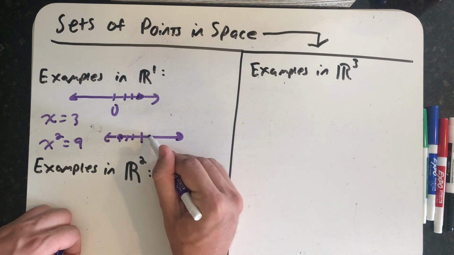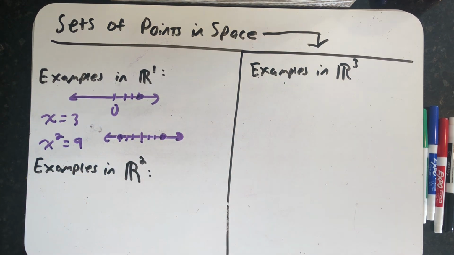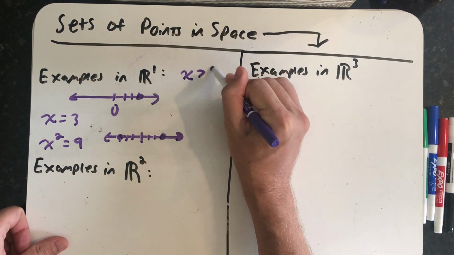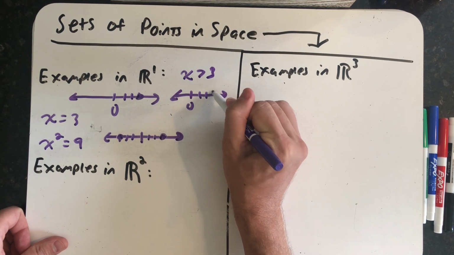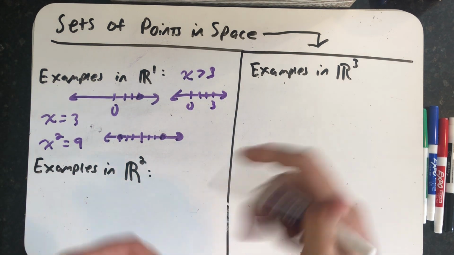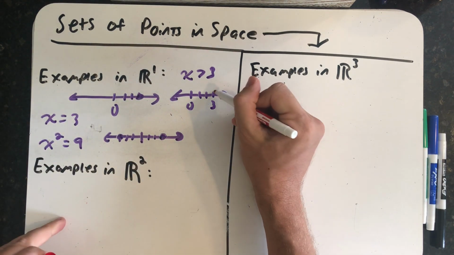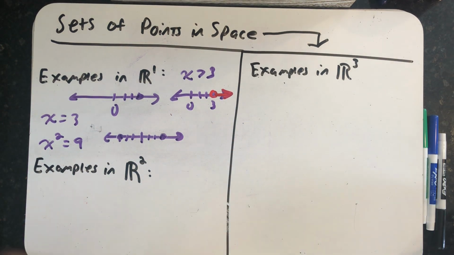That's 3 and minus 3, so I get 2 points. And then finally, maybe I say something like x is greater than 3. And then on my number line, I'd have to indicate that I was shading all the points to the right of 3, but not 3 itself. All right, so on the number line, sets of points, something like that.